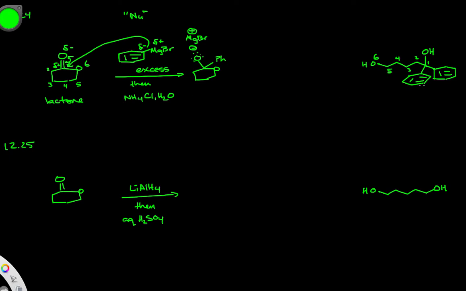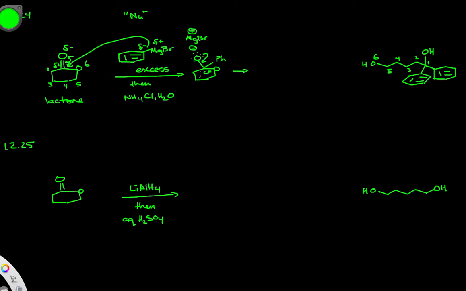So if we look at the product we're trying to form, this carbon has 2 phenyl groups, so we have to add another phenyl group to that carbon. What happens now is this intermediate will break down and the ring oxygen carbon bond will break.